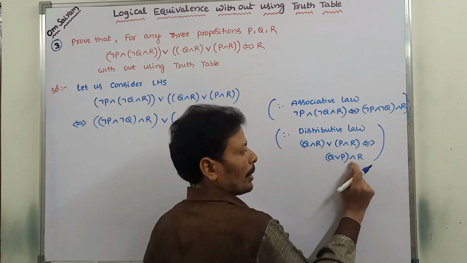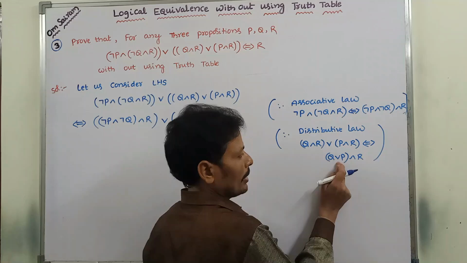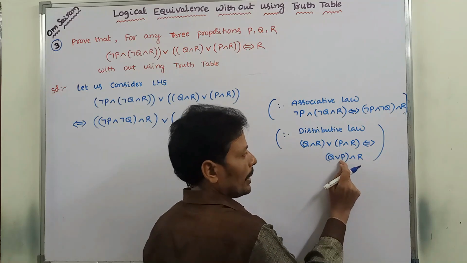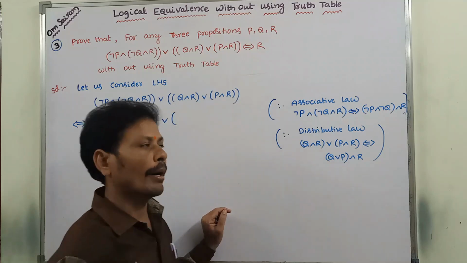Q is multiplied with and R, we are getting Q and R. P is multiplied with and R, we are getting P and R.